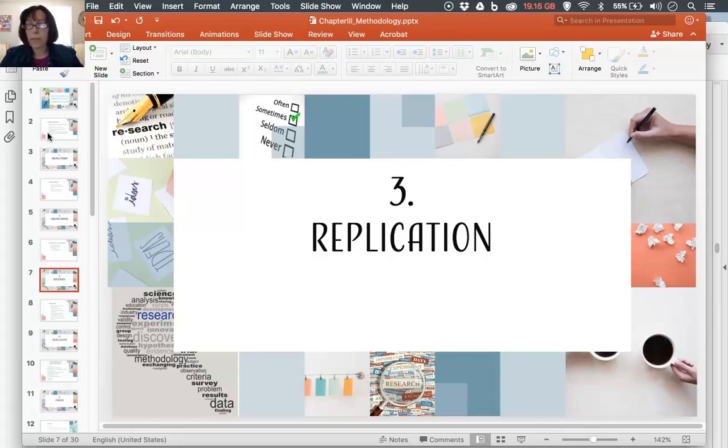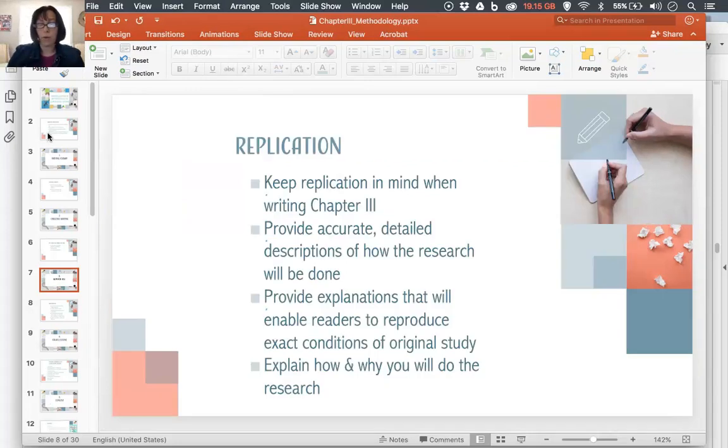And we want to explain how and why you will do your research and really just provide accurate, detailed descriptions of what it is you're going to do for this study.